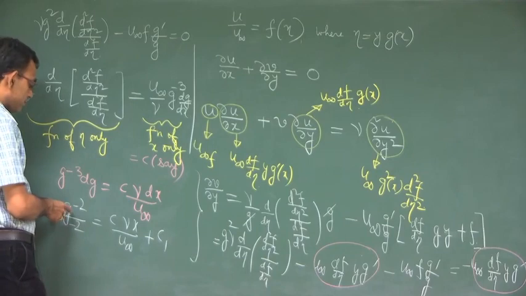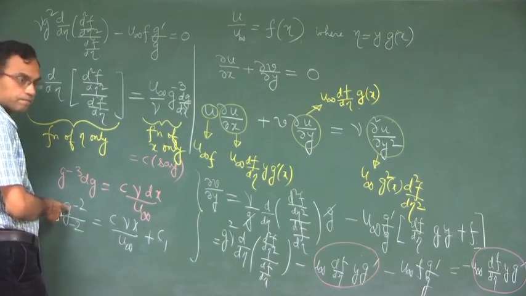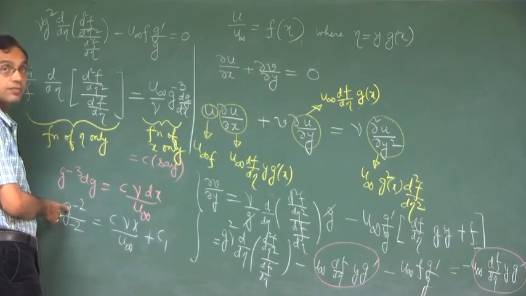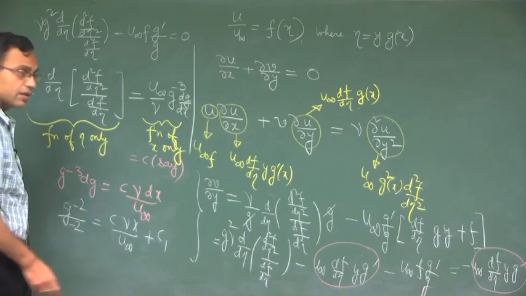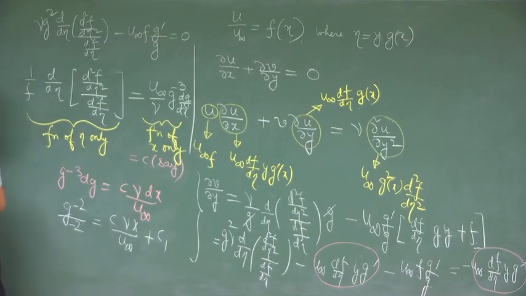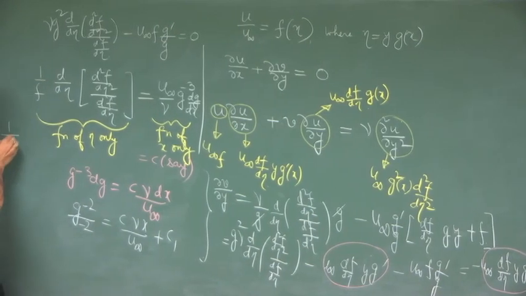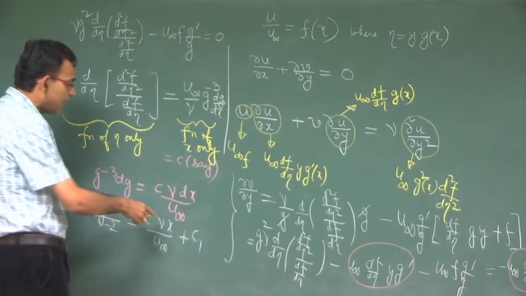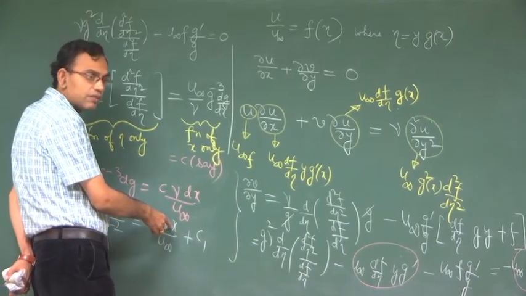Now, what is g? That is the very important physical question. So, g scales with 1 by delta. So, at x tends to 0, that is at the edge of the boundary layer.